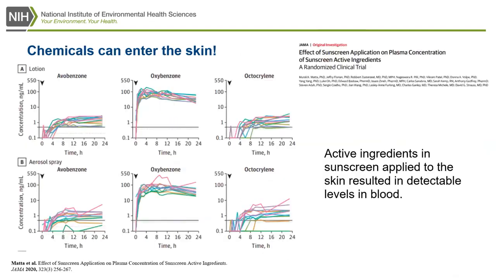Oh, but this paper came up in the middle of this, which makes the connection back to sunscreens. Sunscreens are applied to the skin, so it makes sense that they're there. But this is a study from the US Food and Drug Administration, the FDA, and here they showed that if you apply sunscreens to your skin, they're then detectable in your blood.